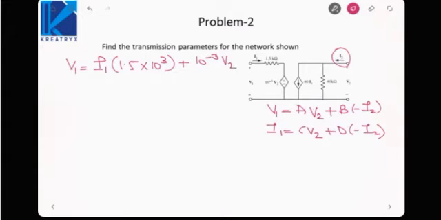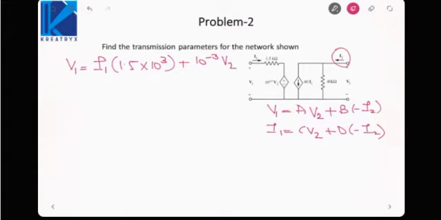V2 is equal to (I2 minus 40 times that) into 40 into 10 raised power 3.